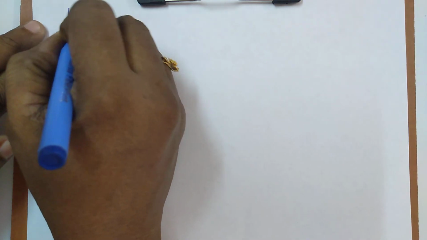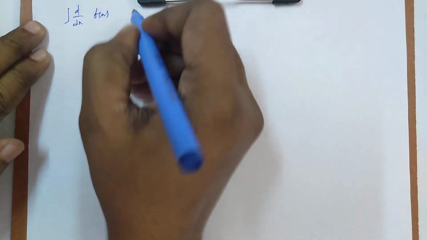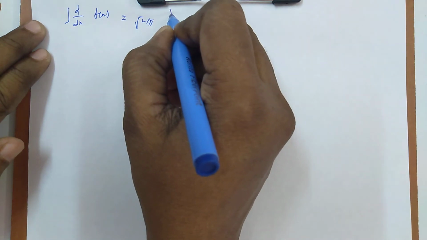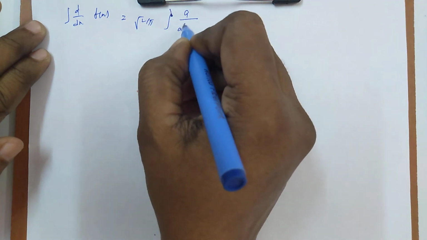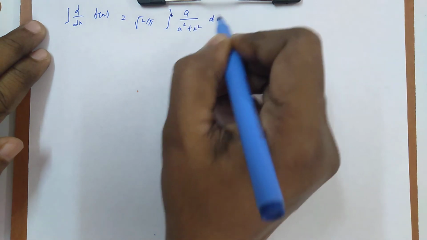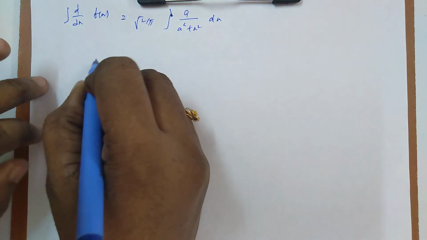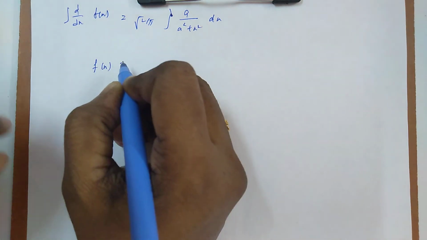So the left hand side is integral d by dx of f of x, equal to root of 2 by pi integral a by a square plus x square dx. Here the differentiation and integration will be cancelled off, so on the left hand side we get only f of x.